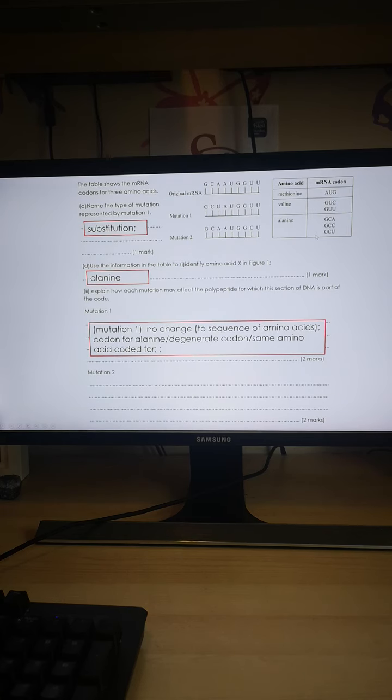Now at this point, everybody wants to know what kind of mutation it is. When I do this in class, everyone's like, I don't know how you tell whether it's a substitution or whether it's a deletion. And I say, that's not the question, so don't worry about it.